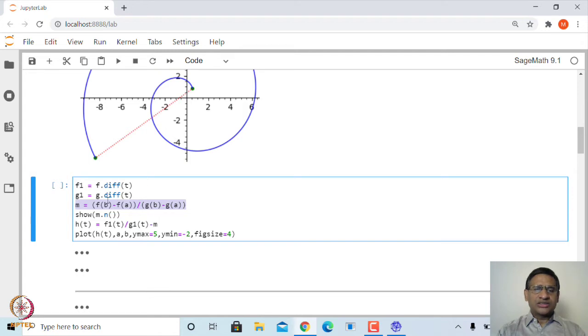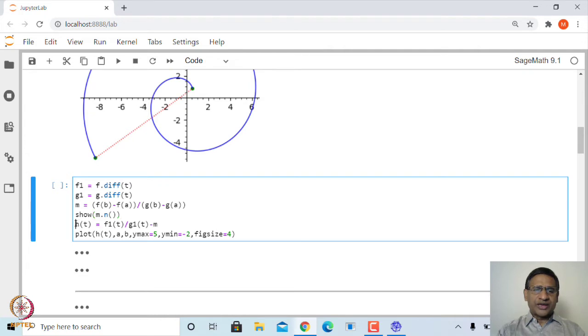One can think of this as 1 upon m being the slope of this chord. Now, what are we looking at? We are looking at finding c such that f'(c) upon g'(c) is equal to this m.